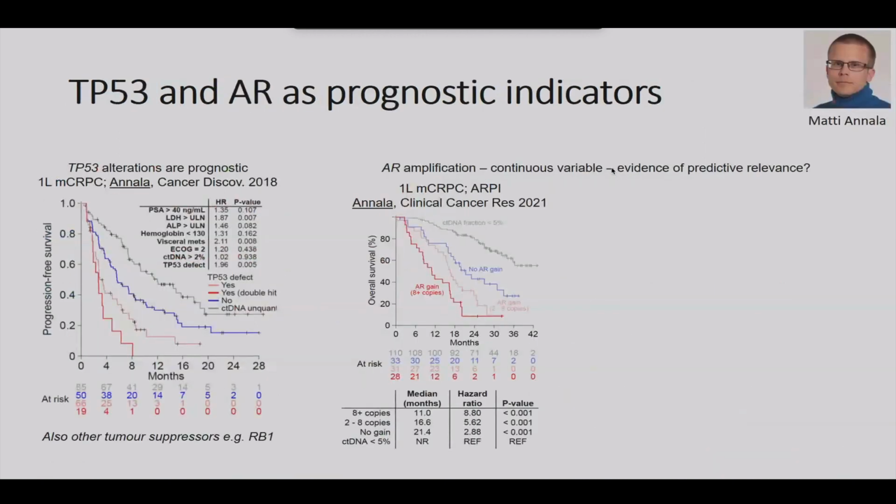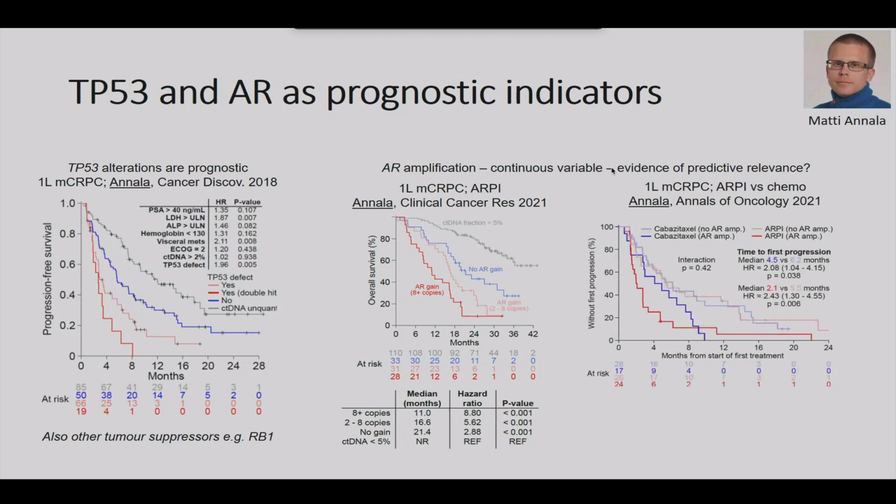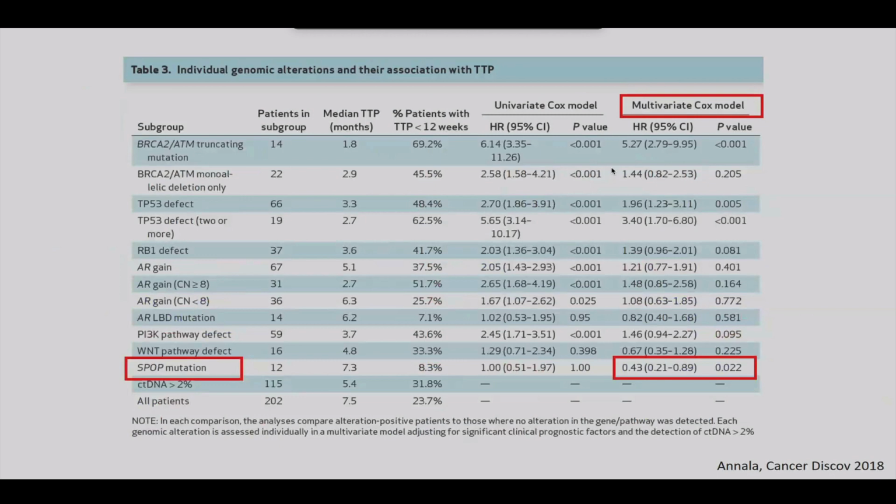Just to indicate a few other examples, we've shown, published a few years ago, that TP53 alterations are strongly prognostic, independent of clinical factors in CRPC. AR amplification shows some evidence of a differential relationship when patients are treated with chemotherapy versus ARPI. Not everything is bad.